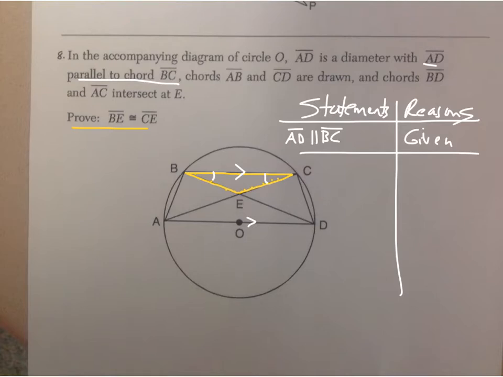It also proves that arc AB is equal to arc CD. And the reason would be that parallel chords make equal arcs.